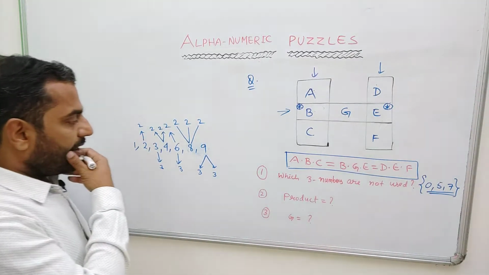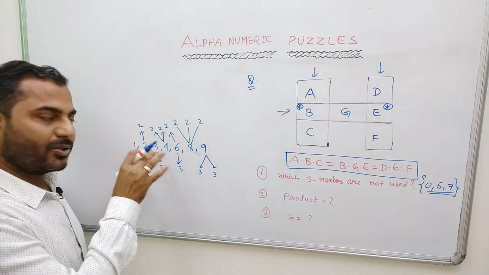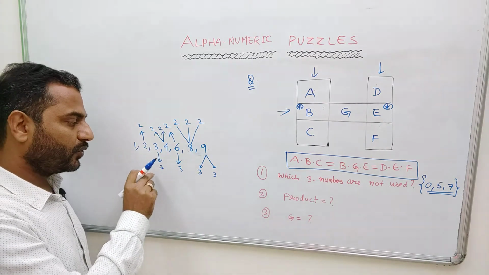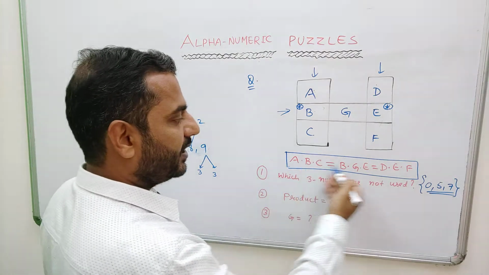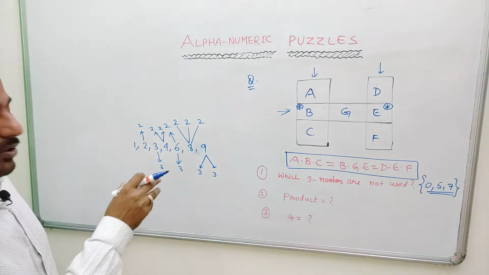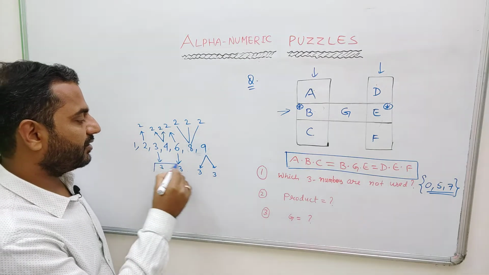Now, instead of focusing on big numbers like 4, 6, 8, 9, can we focus only on 2s and 3s? Because when we are arranging the product, we are focusing on prime factors, right? So how many 3s are there with us?